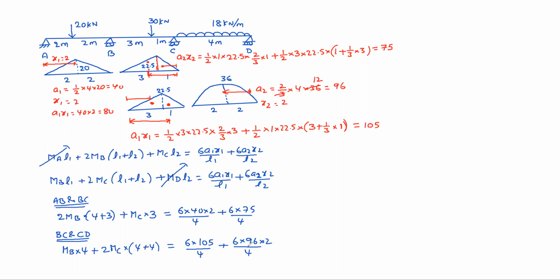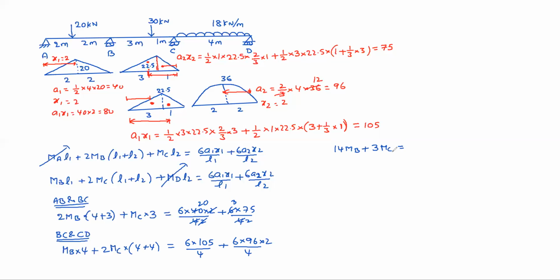So finally we got these equations. 4 plus 3, 7, 14 MB plus 3 MC equals 2 20s, 2 3s, 2 2s. How much finally?